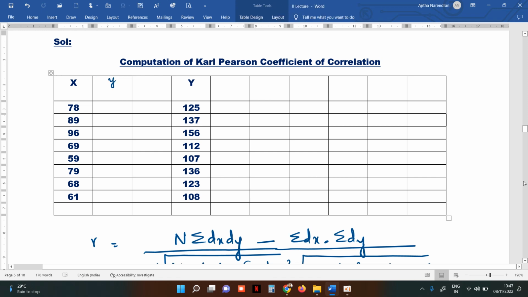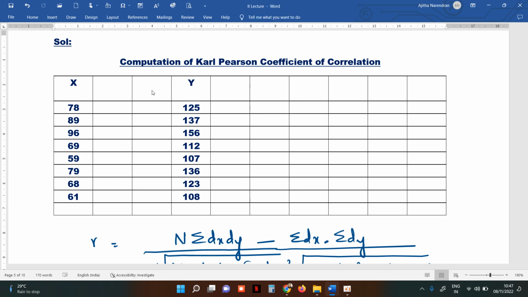Okay, yes, now you can see, not y, it is x, sorry, because here we are computing x. I'll write down x here. X means dx, right? This is for dx, this is your dx square, this is your small y, this is your dy square, and this is your dx dy.